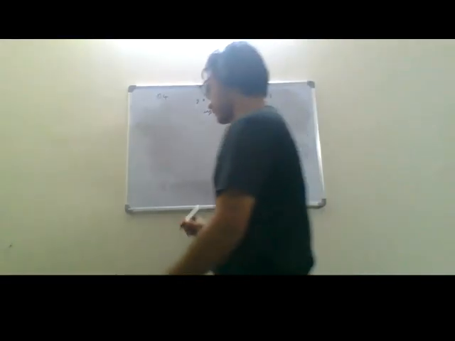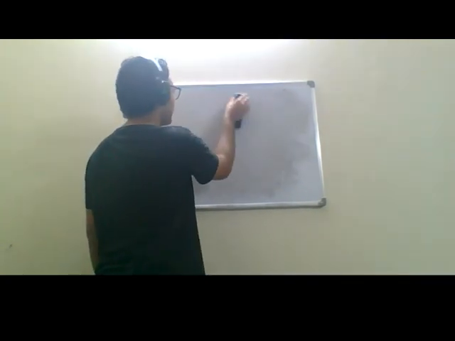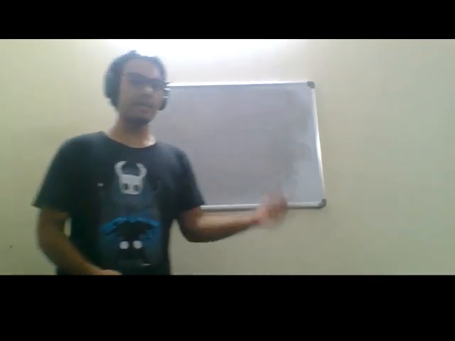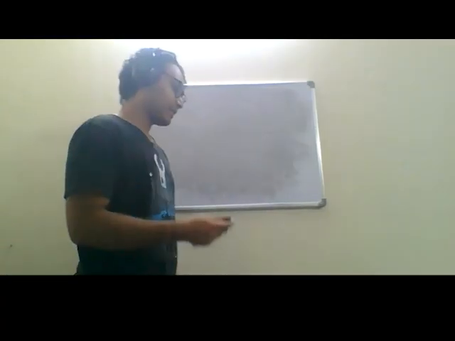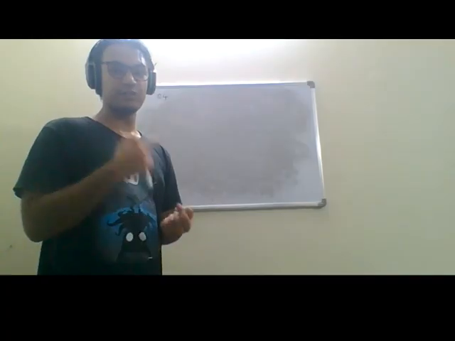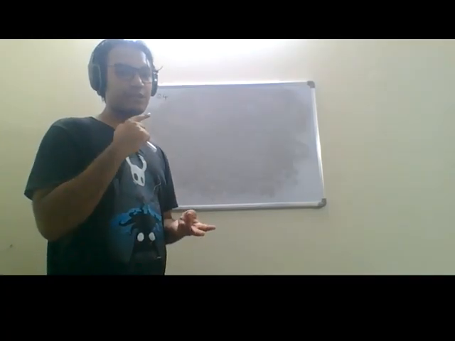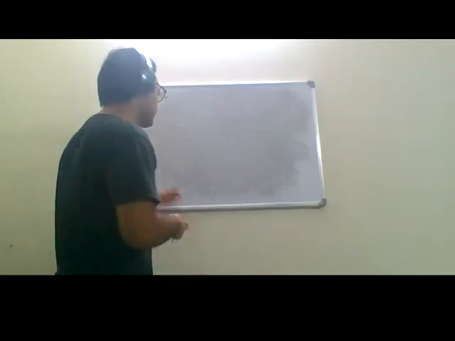Give an example of a function that has a left inverse and no right inverse. So in order for it to have no right inverse, it must not be surjective, right? Because if it is surjective and has no right inverse, then that contradicts the proof of the theorem we just did. So we just need a one-to-one function that has a left inverse that is not surjective, right?